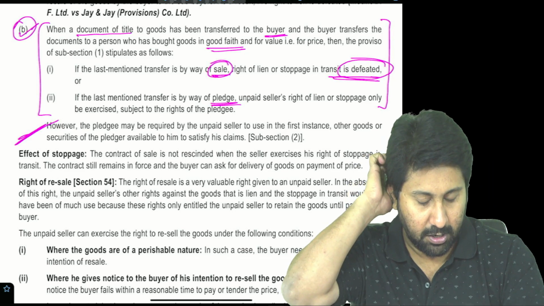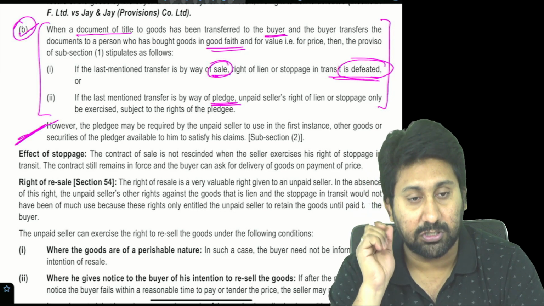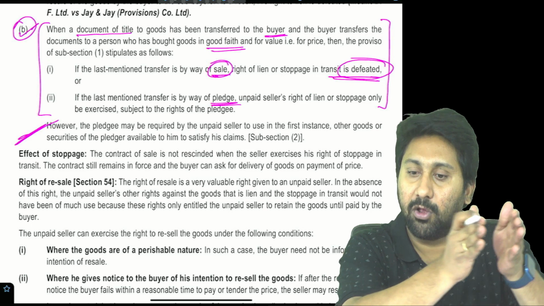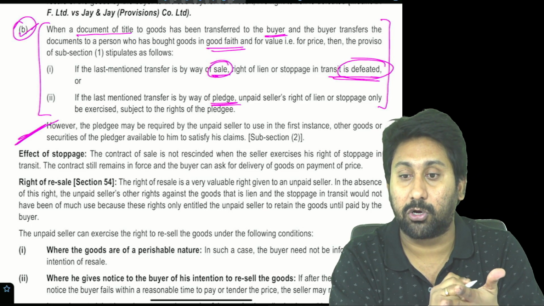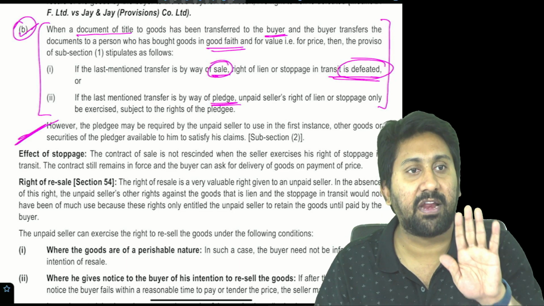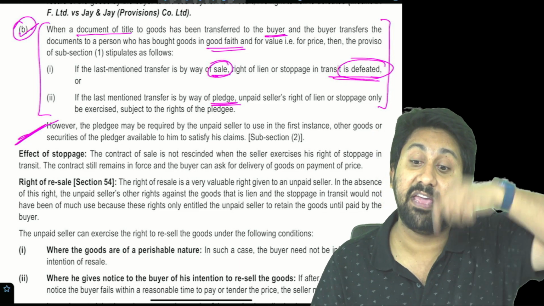Listen. Document of title means whenever you are sending the goods by way of a carrier vehicle, you dump all the goods in a lorry. That lorry person will give a receipt called a document of title. That is called a bearer instrument. Whoever has the document of title, that person will become the owner of the goods in the vehicle.